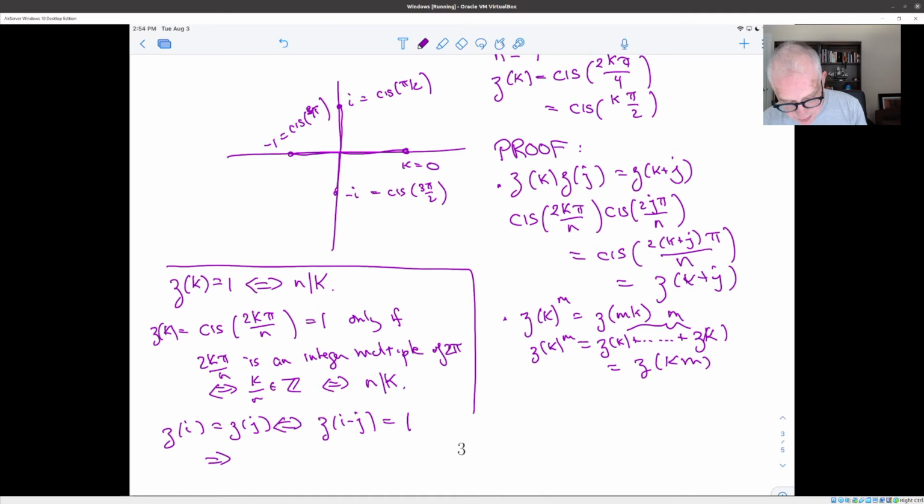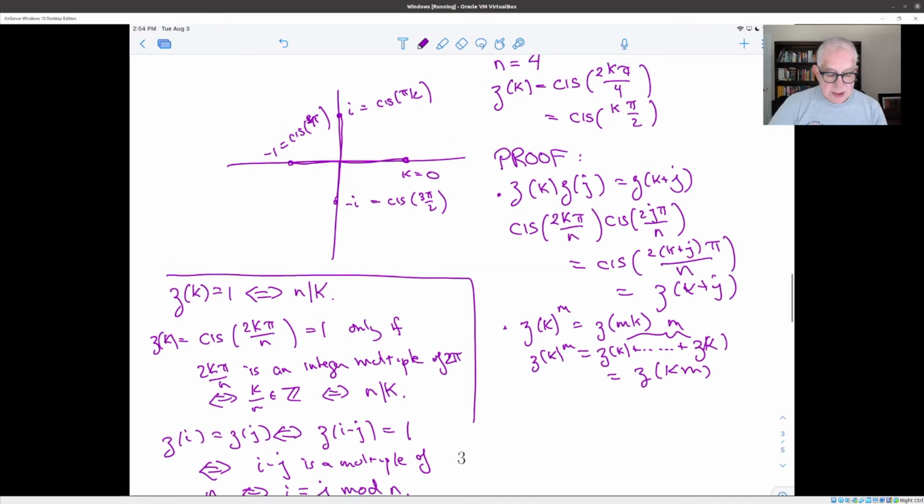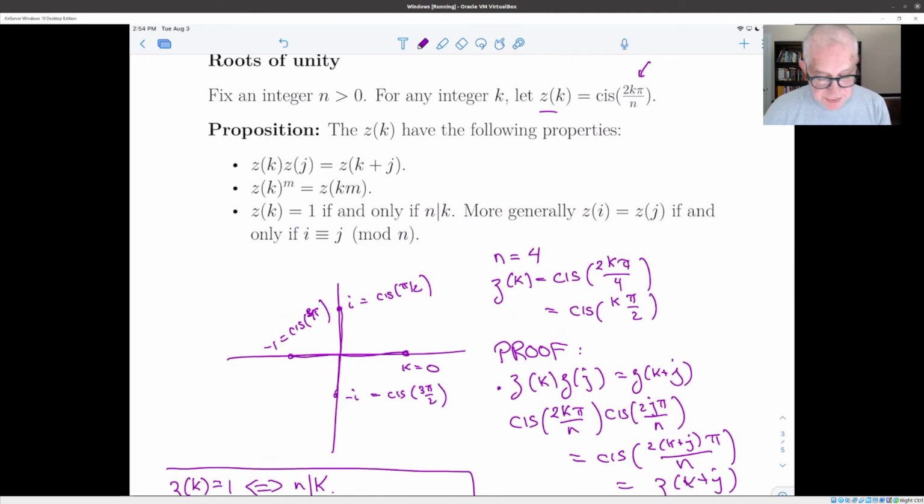And by the previous result, that only happens if i minus j is a multiple of n, which is only if, by definition, i is congruent to j mod n. So these z of k's are closely related to the integers mod n, although they're not exactly the same. But z of i is the same as z of j if and only if i is congruent to j mod n.